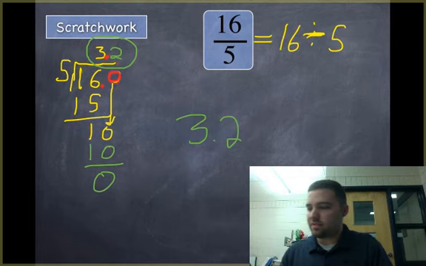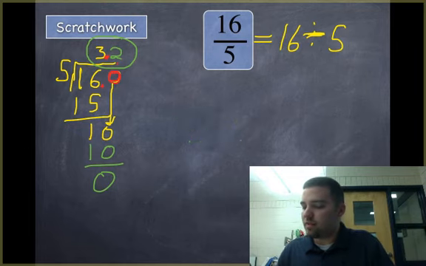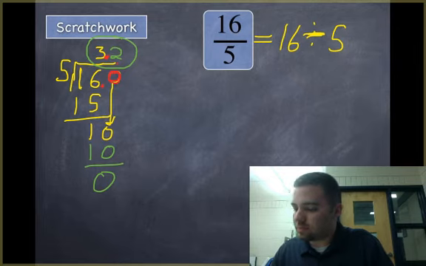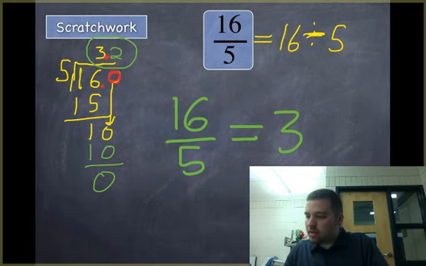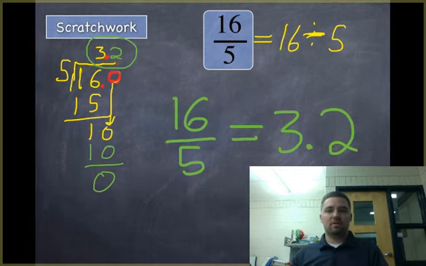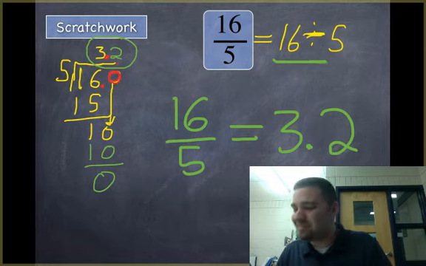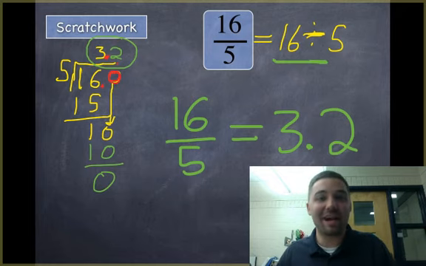To sum up everything that we just learned, we can say that 16 over 5, that fraction, which is what we started with, is equal to 3.2 by long division. We took 16 over 5 and said, hey, that's actually 16 divided by 5.